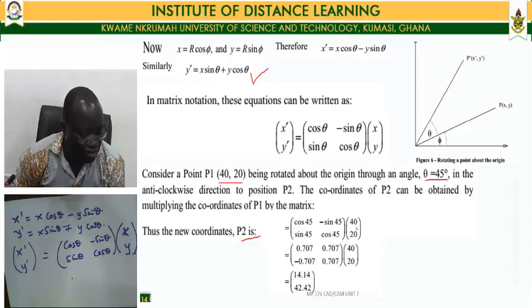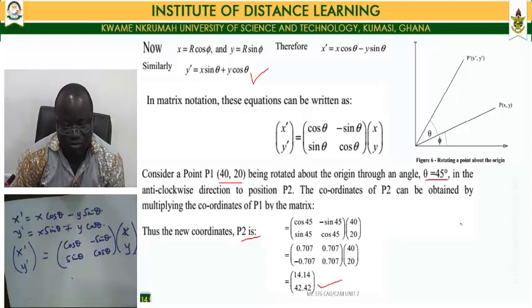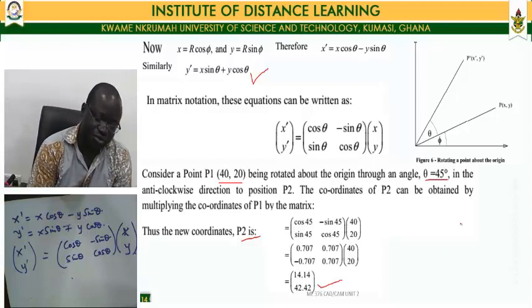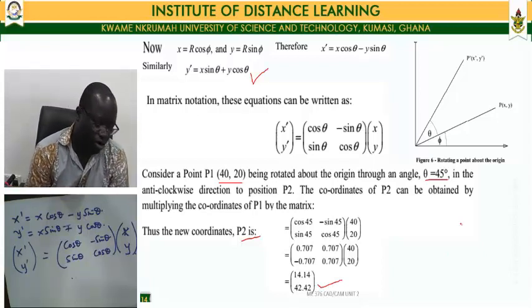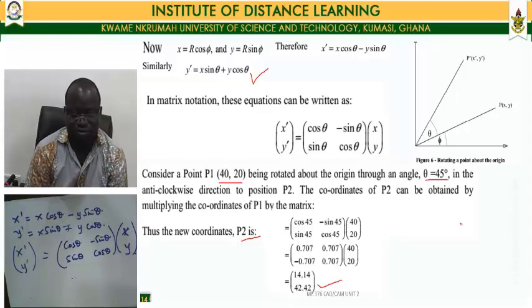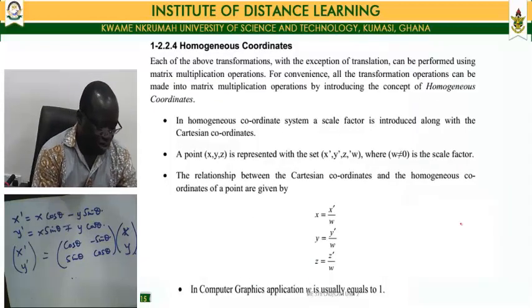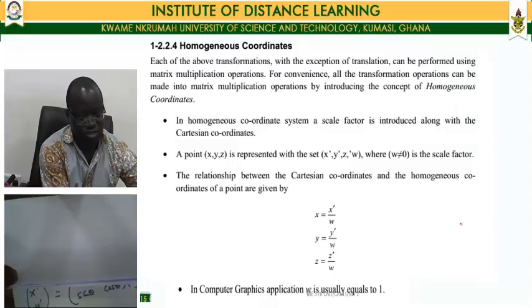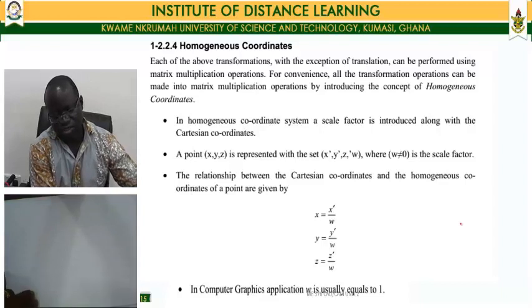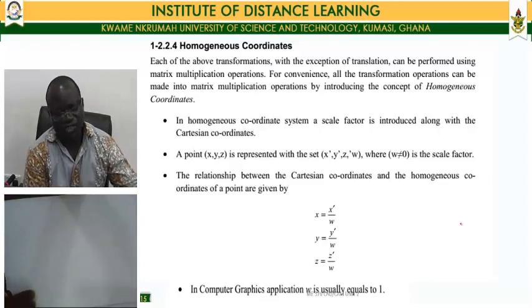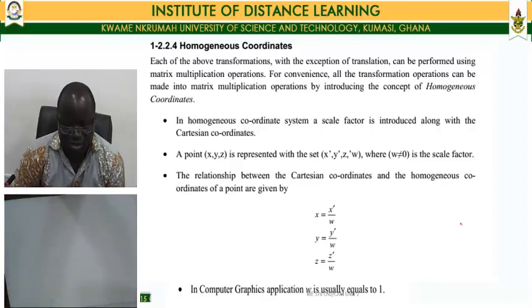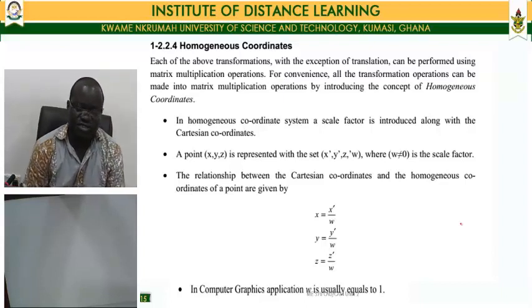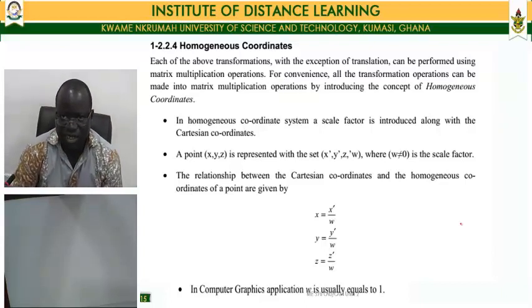So far you notice that from rotation, translation, and scaling, we've been able to do a matrix manipulation of these transformations. That is, we have been able to show how the computer will interpret these transformations. Now, you notice that there are some differences in these transformations. The scaling was different, the translation was different, as well as the rotation.